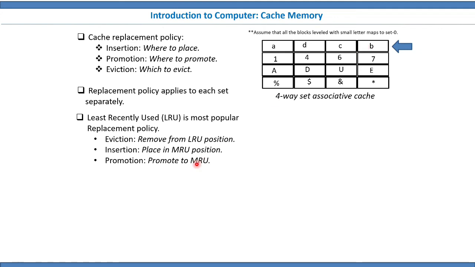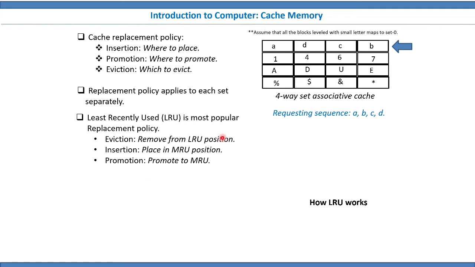That is called the insertion policy for LRU. And the promotion policy of LRU is whenever we access a block here, or whenever there is a hit to a block, we'll promote it to MRU. This is the most recently used block. So these are the eviction, insertion, and promotion policies for the LRU replacement policy. These policies will vary in different replacement policies. That will be discussed next week.